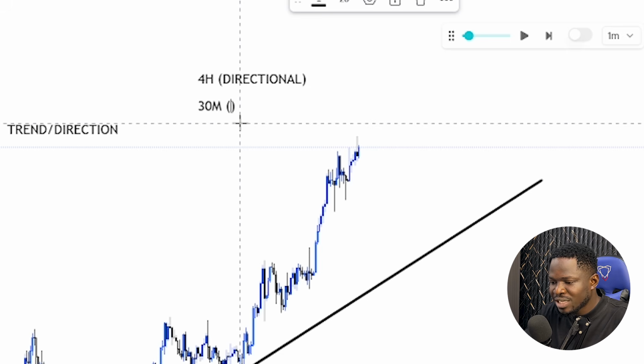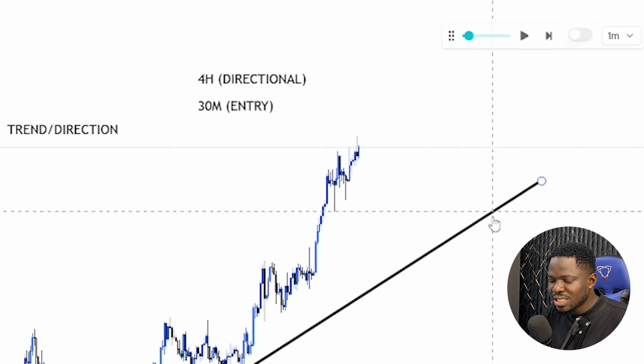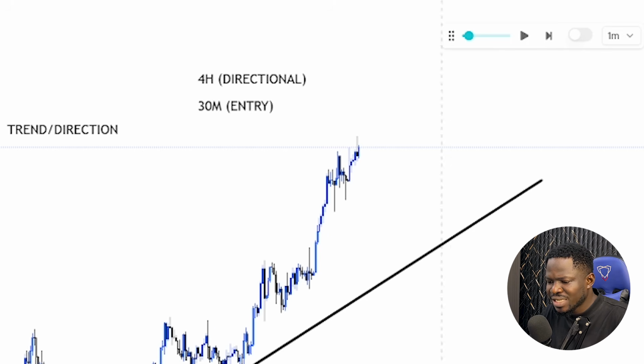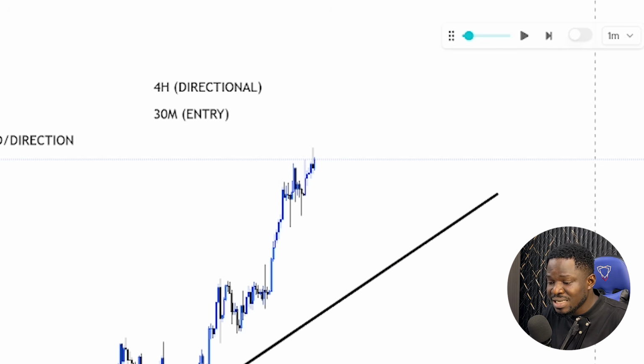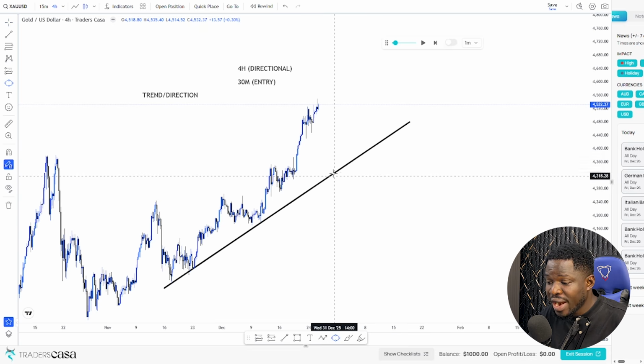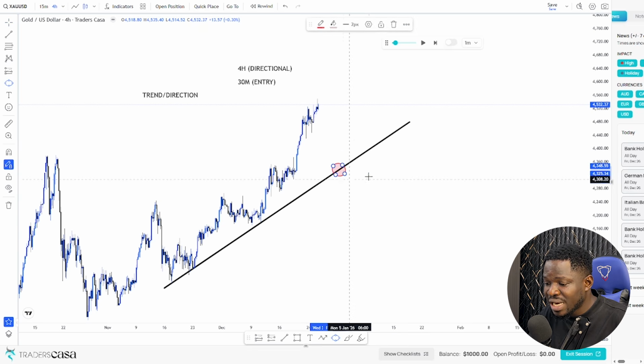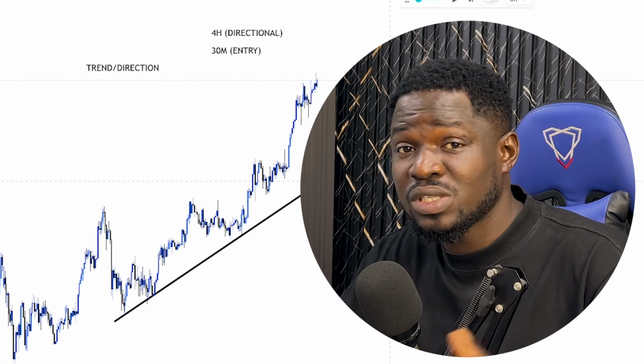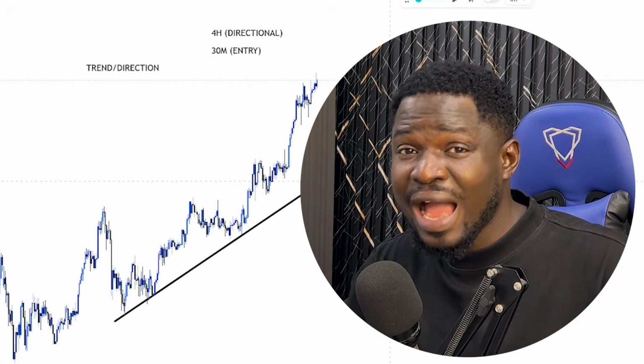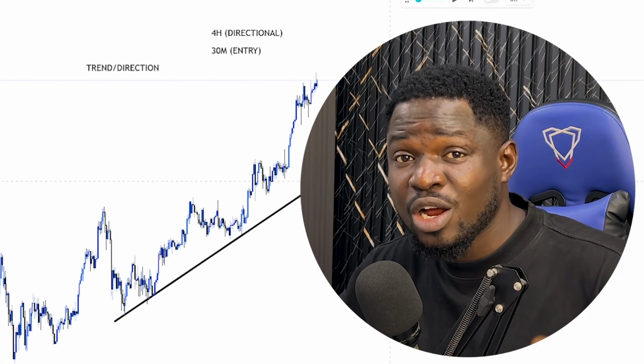So I'm going to apply this trend line breakout on the 30-minute time frame as my entry time frame. So let's get down to the lower time frame and see what the price action will offer us on this beautiful trade by waiting for price to mitigate this trend line the third time. Then we'll scale down to the 30-minute time frame and apply this trend line breakout strategy.